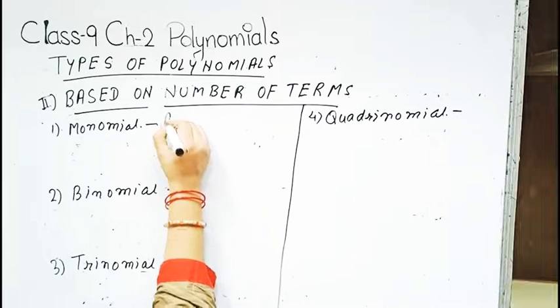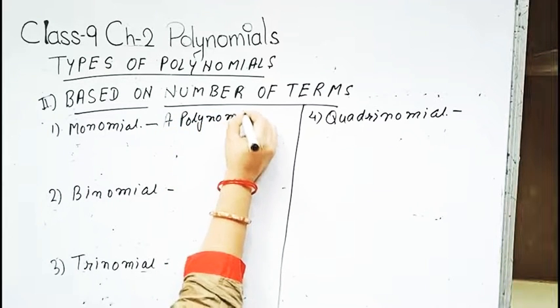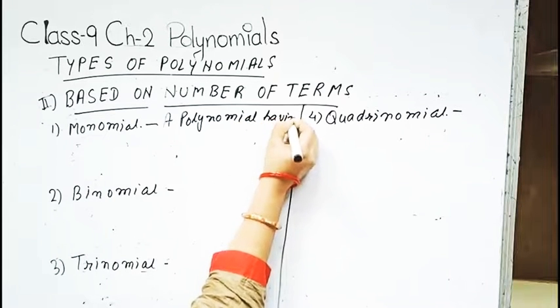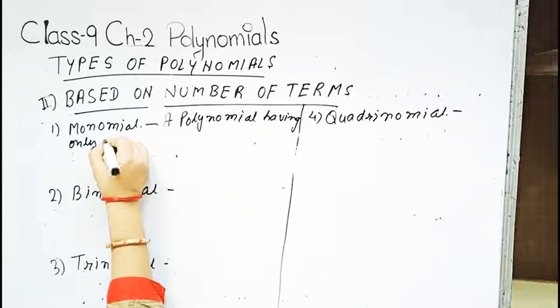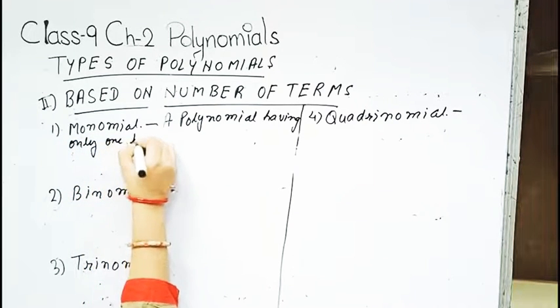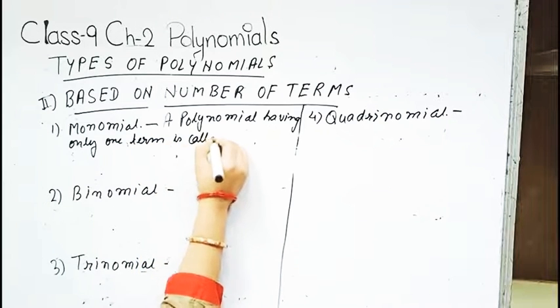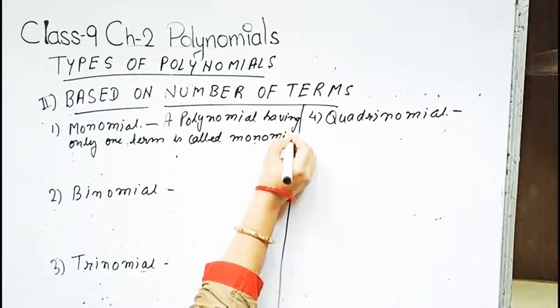Monomial: a polynomial having only one term is called a monomial.